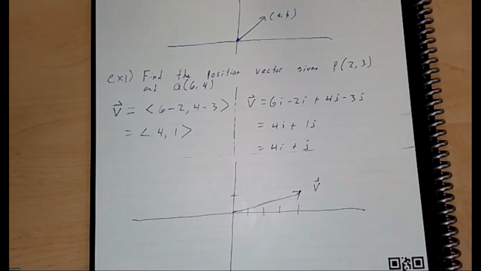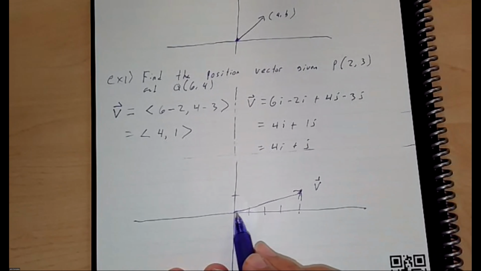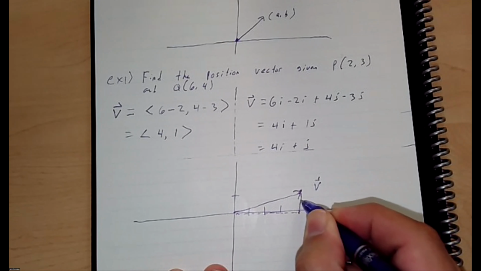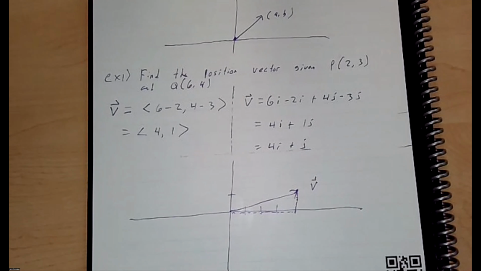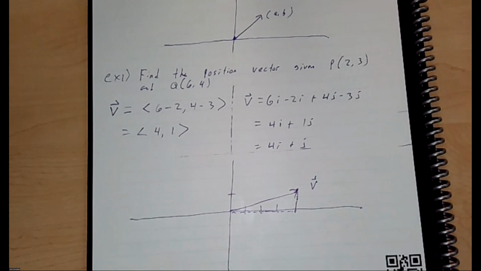Once you have the position vector, you can see how this can form a triangle, right? In the next example, we're going to find out how to find magnitude, which is basically just a hypotenuse. We find the i distance and j distance, and the hypotenuse of those components would be the length of the vector, which we call magnitude. Does that make sense? I'm going to do that next.